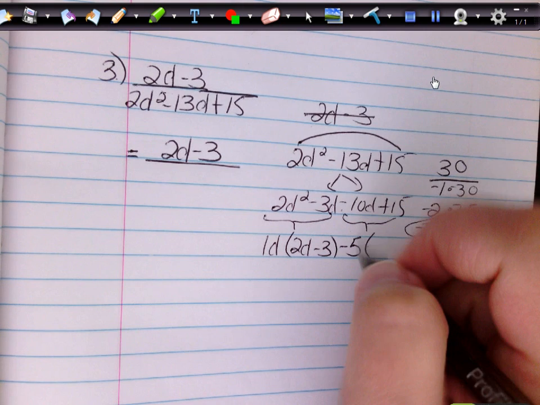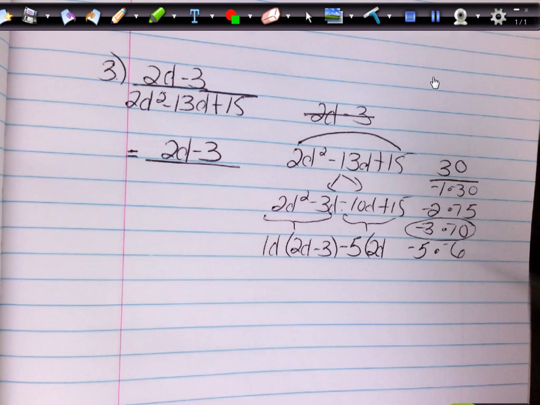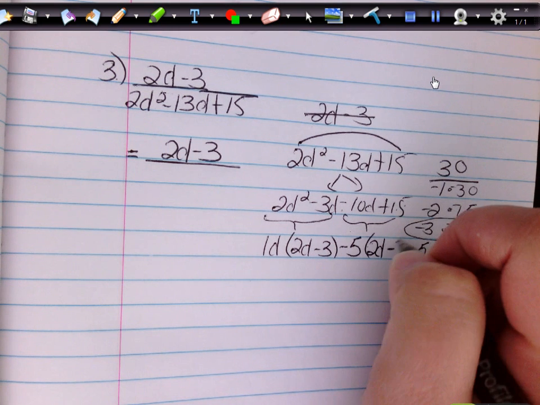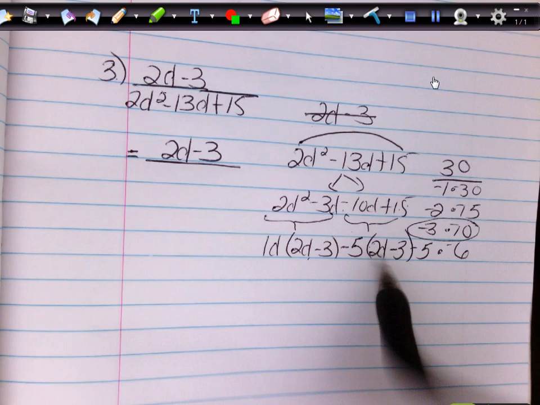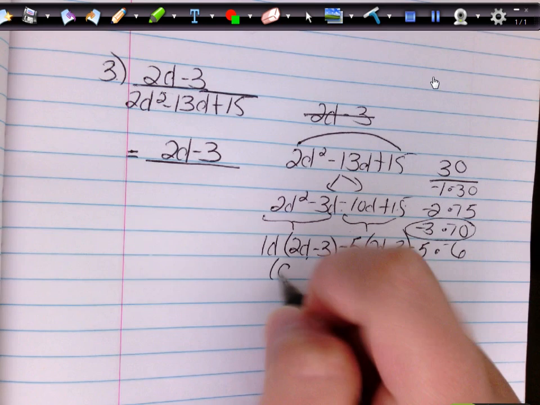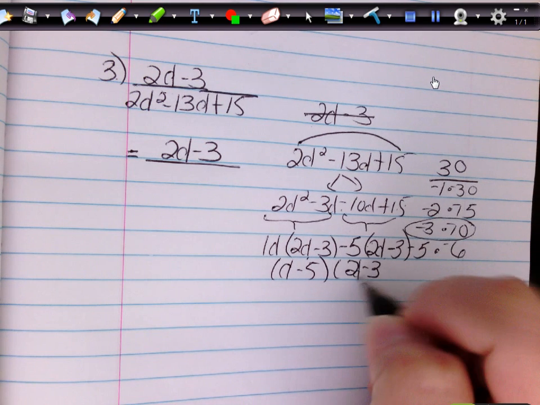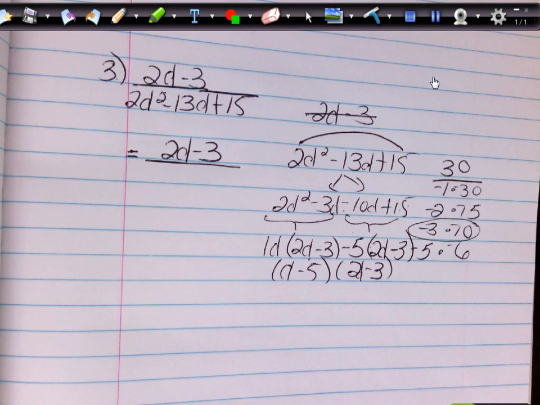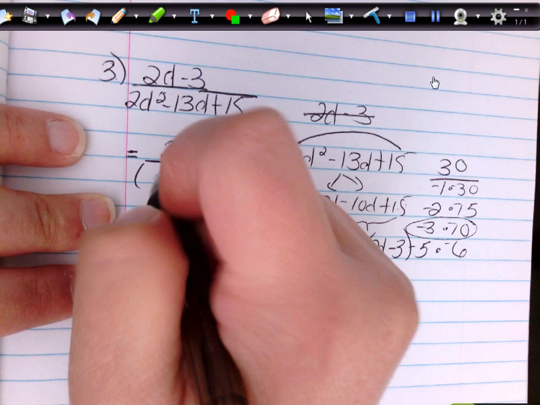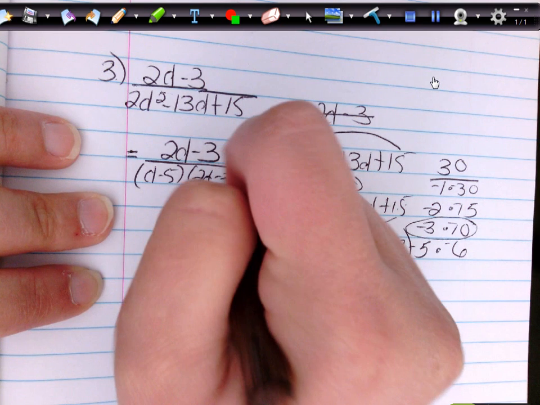So 10 divided by 5 is 2d, and 15 divided by negative 5 is negative 3. Again, they match in the parentheses, and they're supposed to. So when I bring it down, I'm going to have d minus 5 from the outside and 2d minus 3 from my parentheses. So in the denominator, I'm going to have d minus 5 and 2d minus 3.